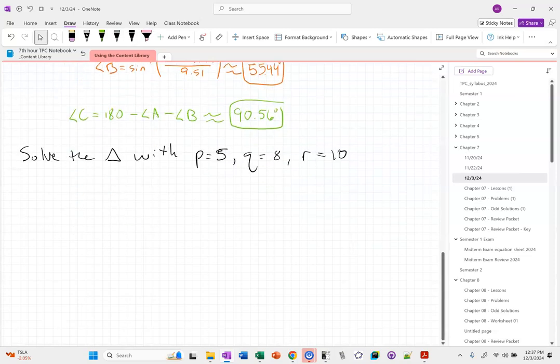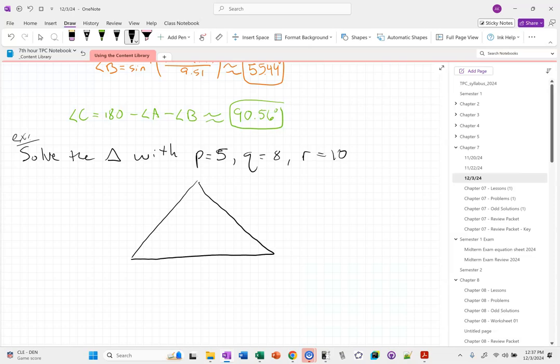All right. So let's say we want to solve the triangle with side P equal to 5, side Q equal to 8, and side R equal to 10. Well, I'm going to start by drawing and labeling my triangle.